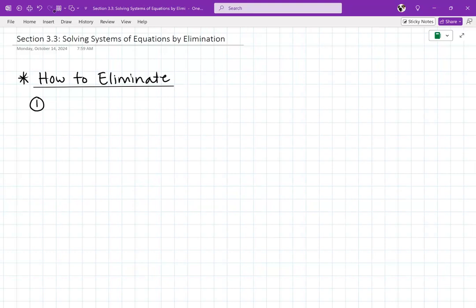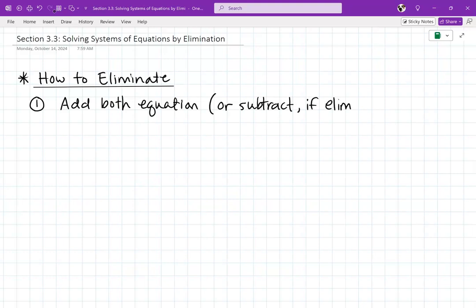But I always tell people, if you don't want to think about it, then you're just going to add both equations. Or subtract, if elimination does not occur.